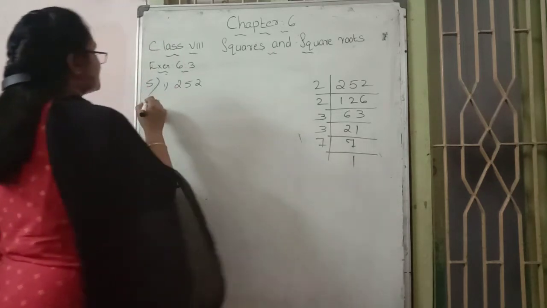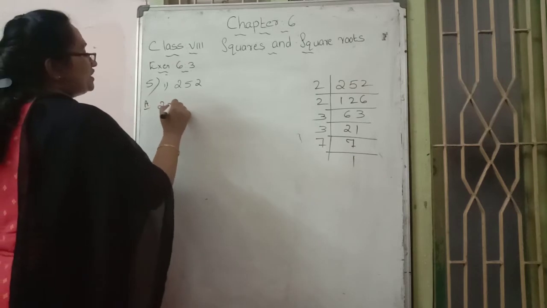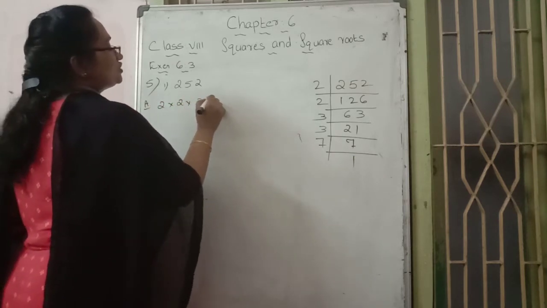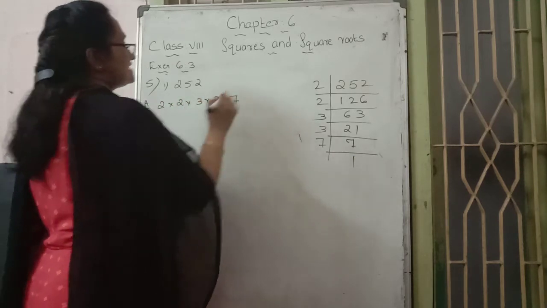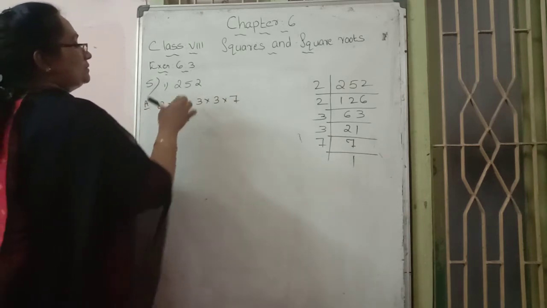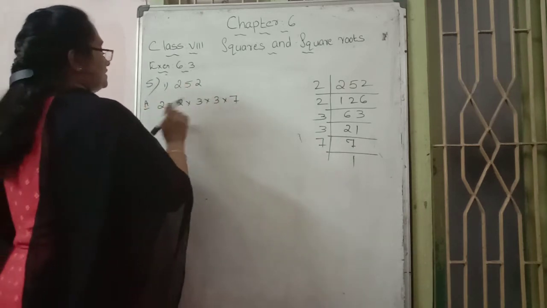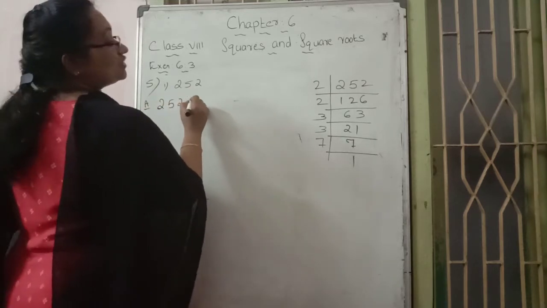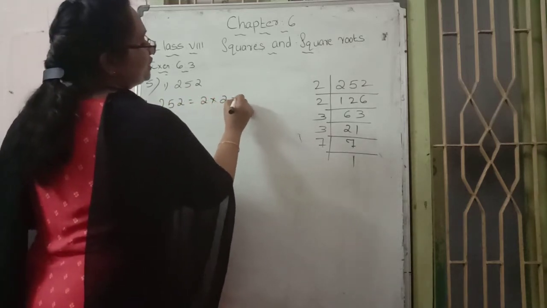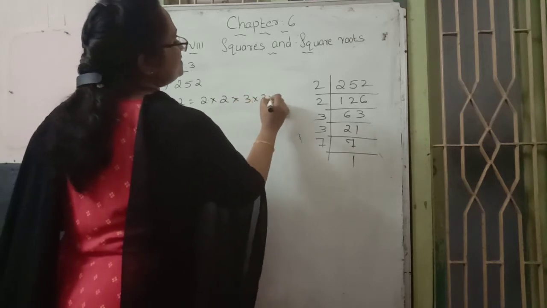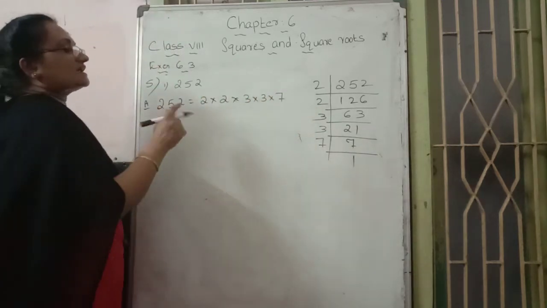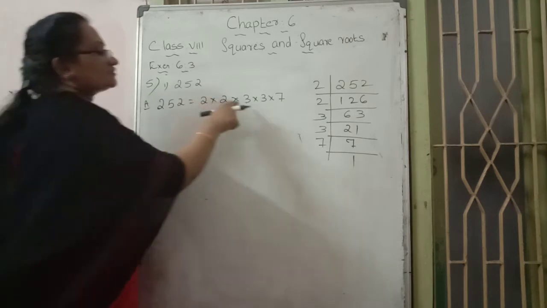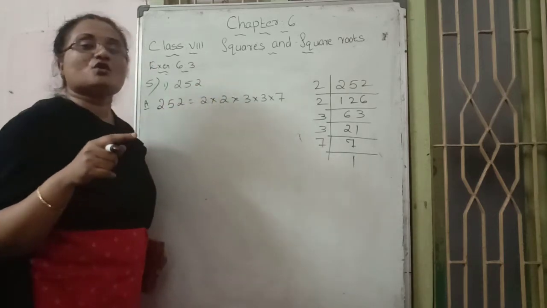See here which are the factors: 2 into 2 into 3 into 3 into 7. Here we want to write the factors of this number: 252 is equal to 2 into 2 into 3 into 3 into 7. While pairing, 2 has a pair, 3 has a pair, but 7 has no pair.